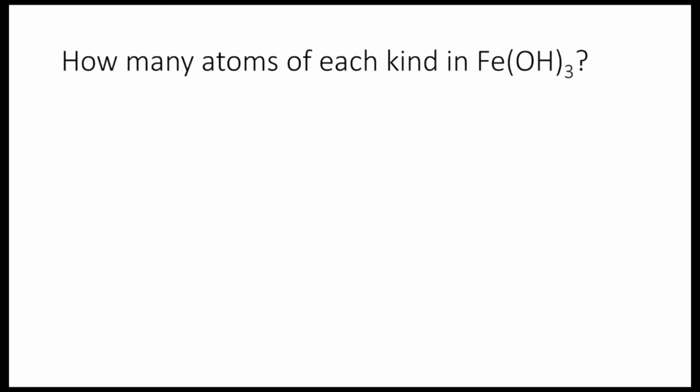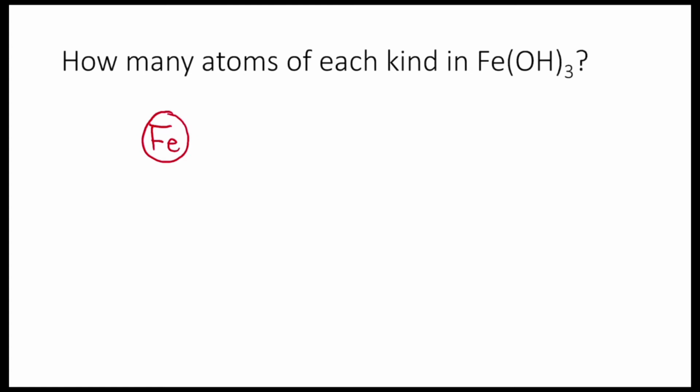So how many atoms do we have then in iron 3 hydroxide? This is actually both an iron being multivalent and hydroxide being a polyatomic ion, but that doesn't really matter in this case. That's just for naming later. If we look here, we can see that you have 1 iron attached to 3 OH groups.